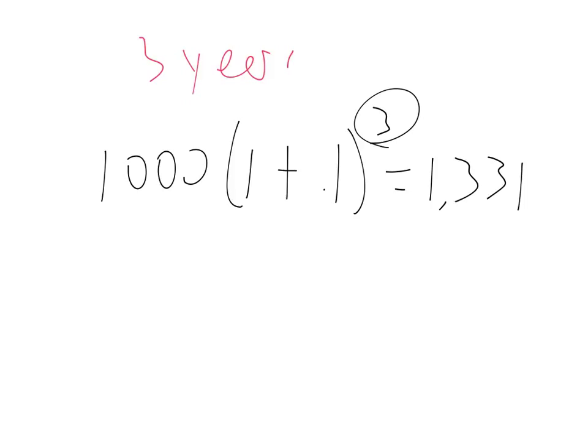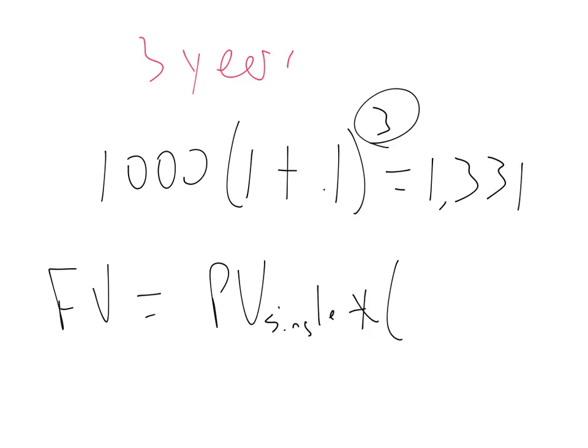And we begin to see a pattern here: for any present value, and we're talking about a single amount here, the future value is equal to that single present value sum multiplied by 1 plus the interest rate, I for interest, to the nth power, where n is the number of years we're holding the money.